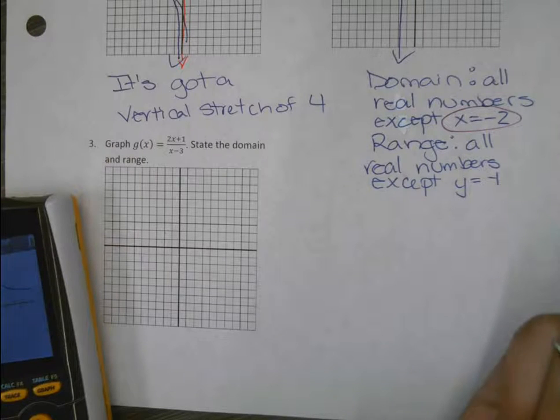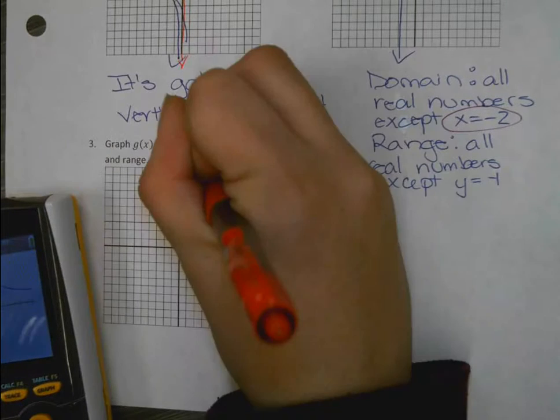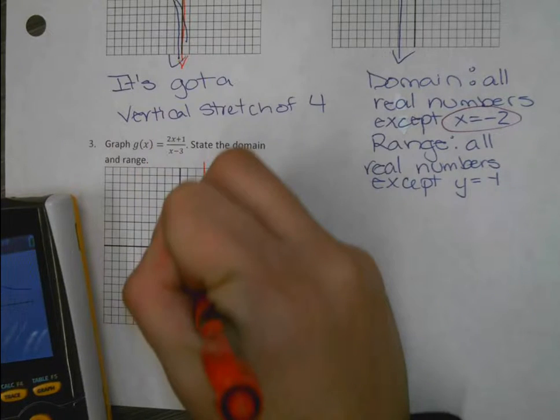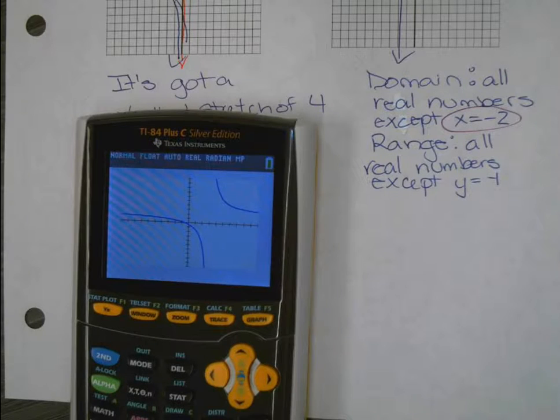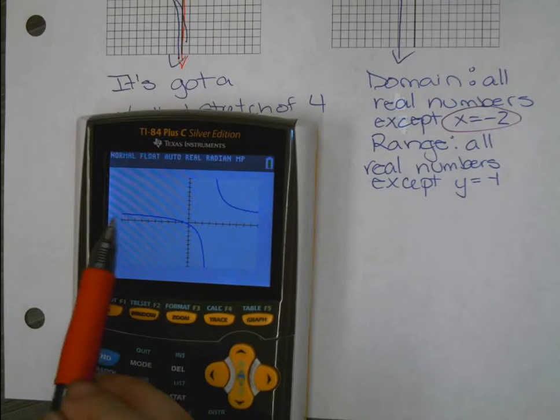So what I'm going to do is draw a dashed line for the 3. And then where's the y value where it's not crossing? What is the y value it's avoiding?